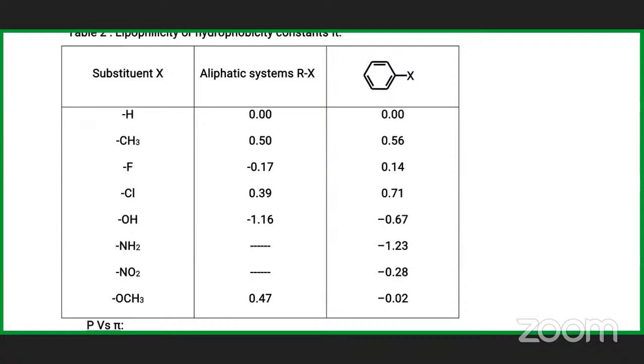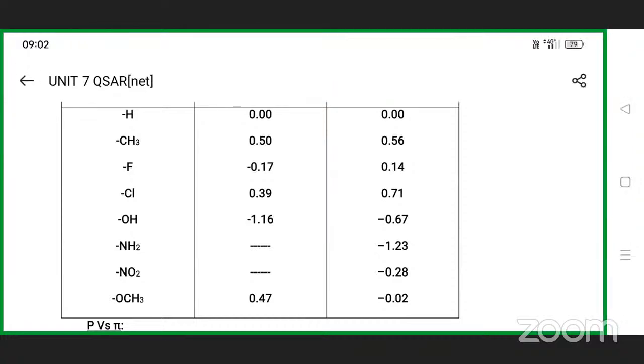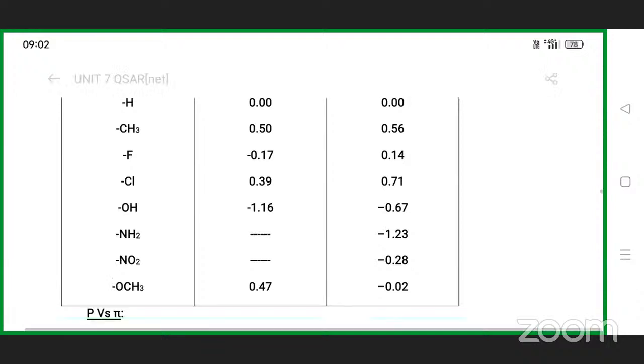If the partition coefficient value is increased, then obviously the lipophilicity or hydrophobicity is going to increase, and generally the drug needs that property. So these substituent values guide us as to which substituent increases the partition coefficient value, and which substituent decreases it.